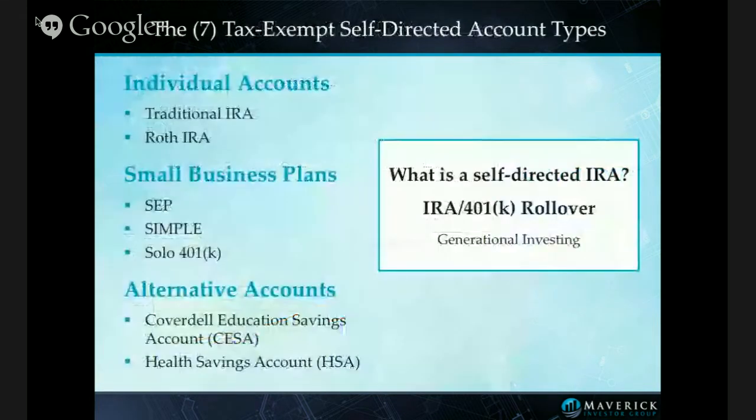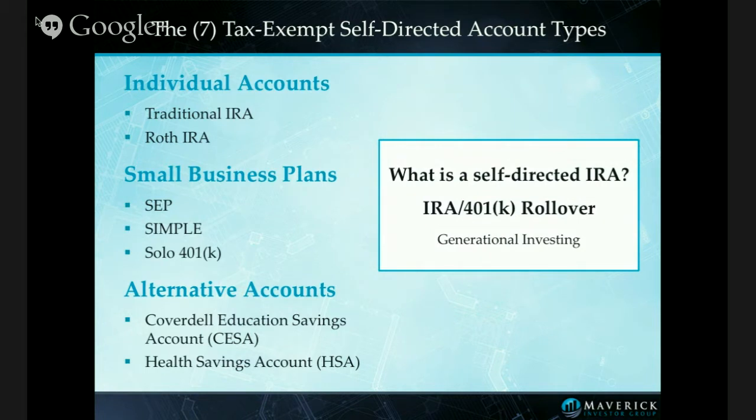Now the 7 different account types that you could do this with are on the screen, but I think it's important to first understand what is a self-directed IRA. I have folks come to me all the time who will say something like, I have a self-directed IRA with Fidelity. Well, Fidelity doesn't do those. A lot of people think that they have a self-directed IRA if they can choose their own investments. And if we're speaking about the English language, you are correct.